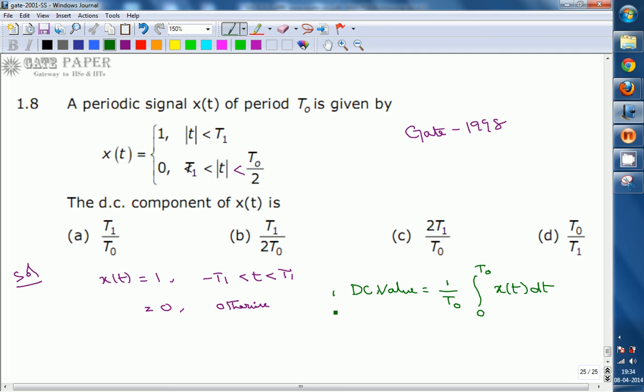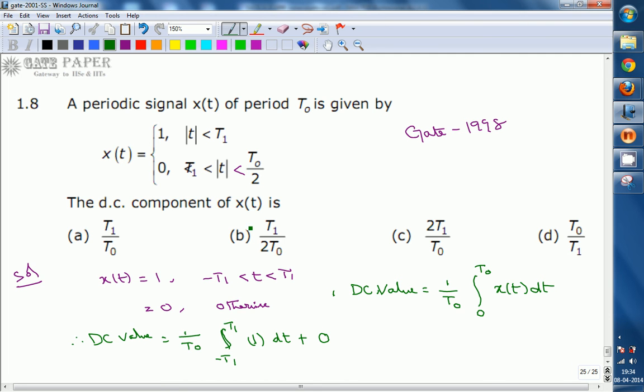So this is the expression to find the DC value, and by finding this value we will get the DC component. DC component equals 1 by T0, integral over the period, of 1 from minus T1 to T1, and 0 otherwise.